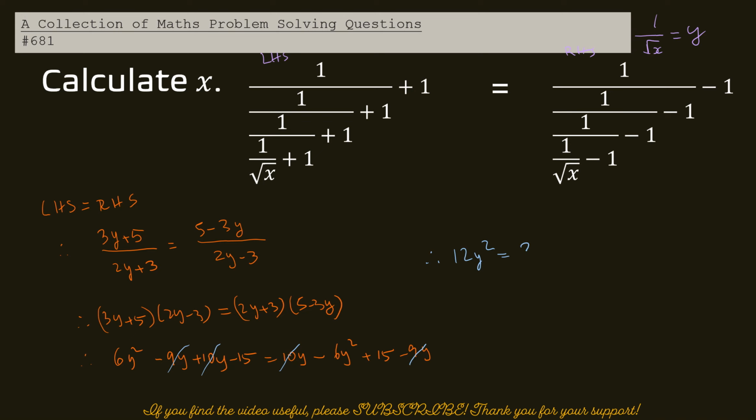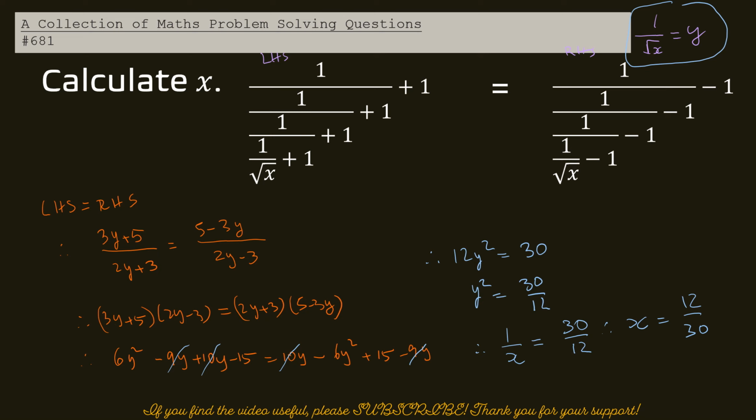So I'm going to write 30, and y square is 30 out of 12. Now what is y square? y is 1 out of root x, so y square would be 1 out of x. So therefore 1 out of x equals 30 out of 12, and therefore x equals 12 out of 30.